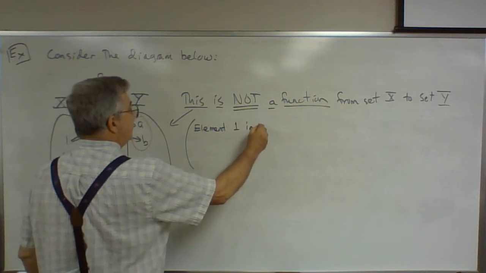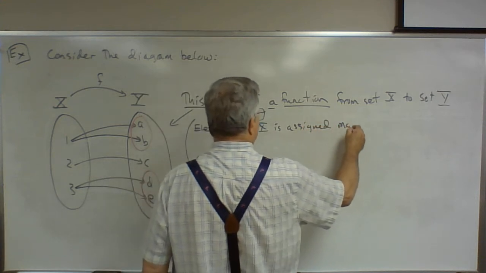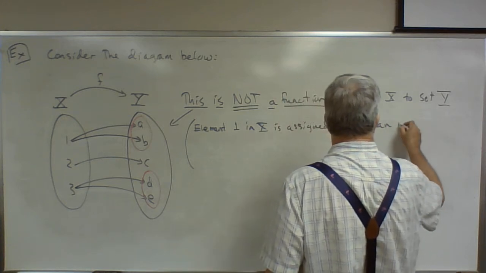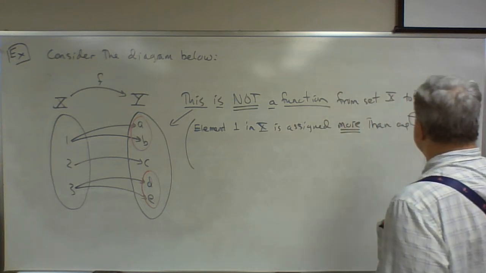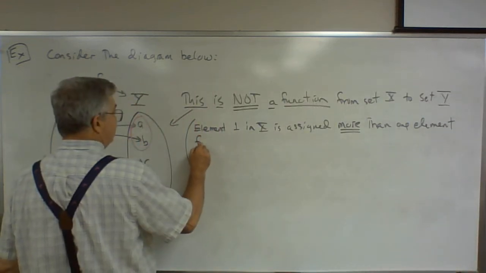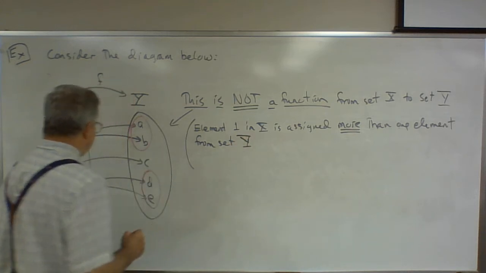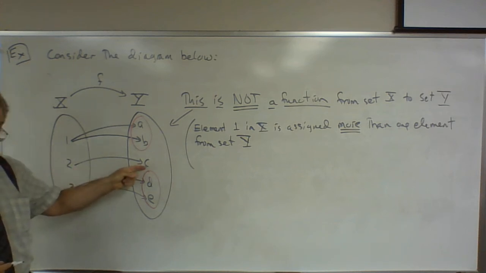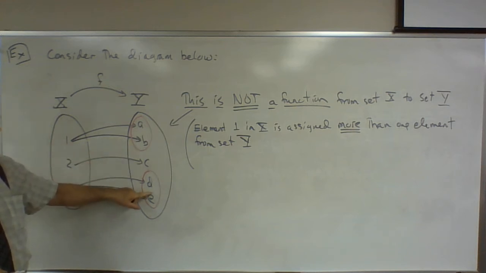Element 1 in X is assigned more than one element from set Y. If we have a function, every element in set X has to be assigned exactly one element in set Y. That doesn't happen here.